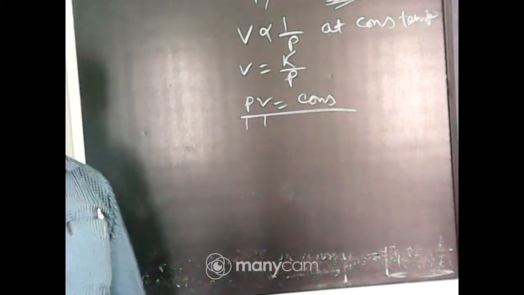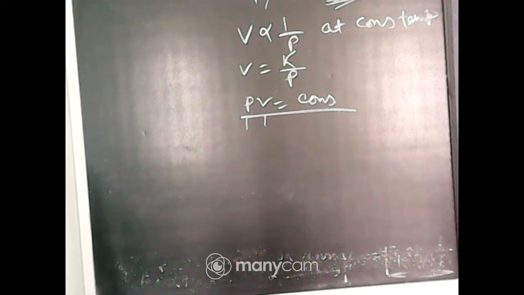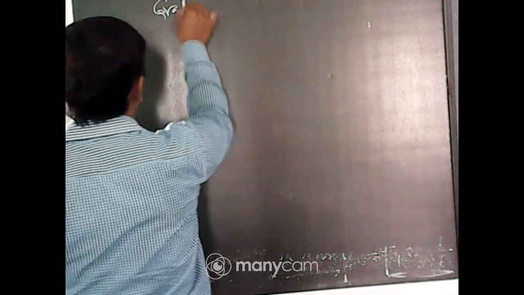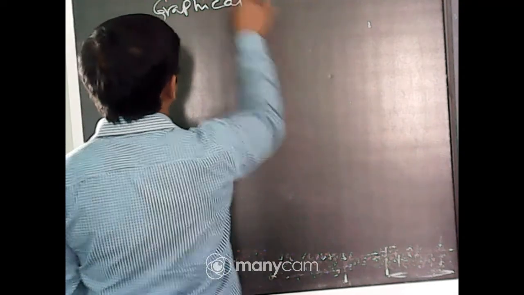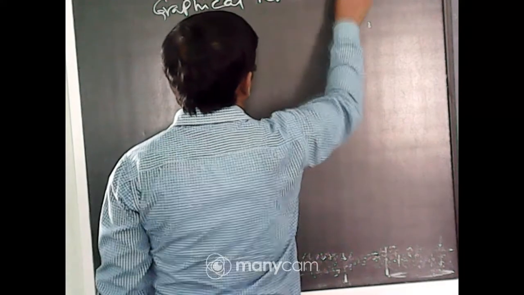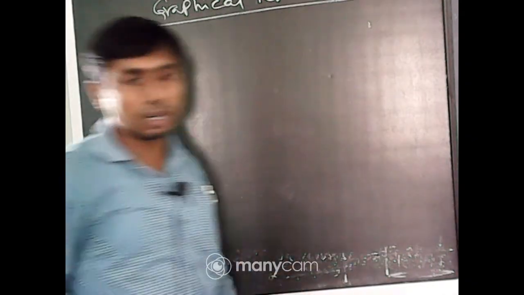So this is the corollary of the first rule, Boyle's rule. Now there is the graphical representation of Boyle's rule. Now we have to know about some of the graphs, how they look.